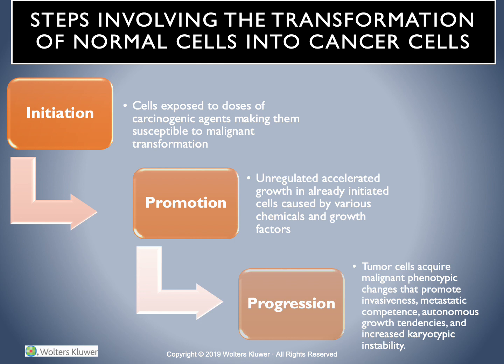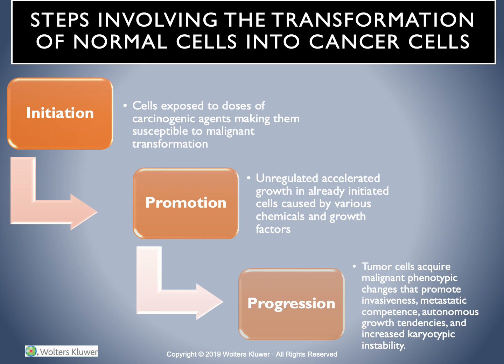This initiation leads to the formation of an initiated cell, which carries the initial genetic change, but is not yet carcinogenic. Step 2 is promotion. Promoters are substances or conditions that stimulate the growth and division of the initiated cells.